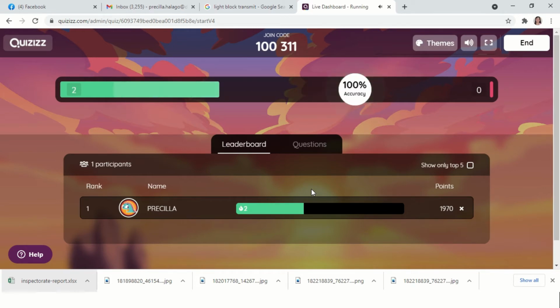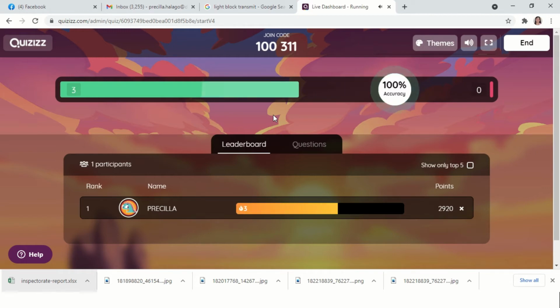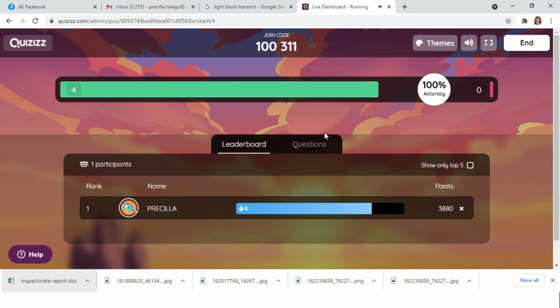We already finished. I can see here on my dashboard the leading pupil in our quiz. One of the players is already in number 3. There are just 5 questions here, so you need to complete the 5 questions so that we can have your score.